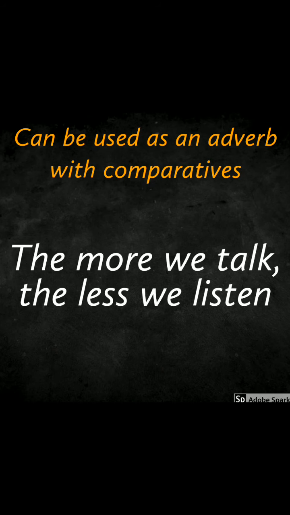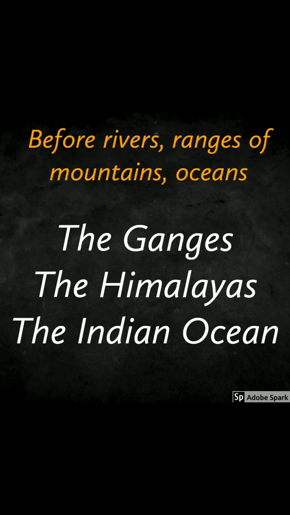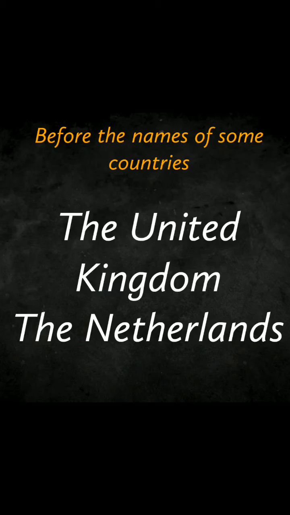Next, before rivers, ranges of mountains, oceans, etc. For example, the Ganges, the Himalayas, the Indian Ocean, etc. And before the names of some countries such as the United Kingdom, the Netherlands, etc.